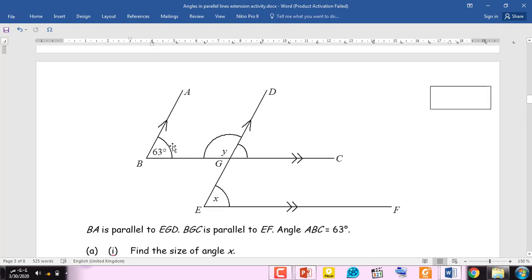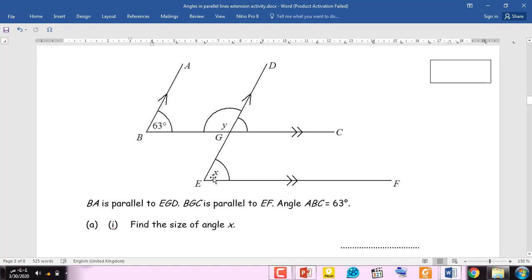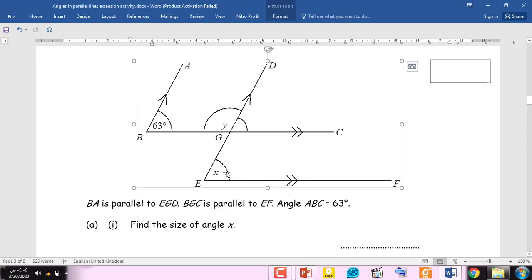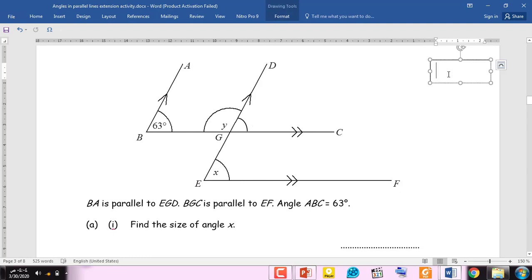Actually, how can I find the value of X? X is corresponding with the angle over here. Let's call it Z angle, and I can put it here.